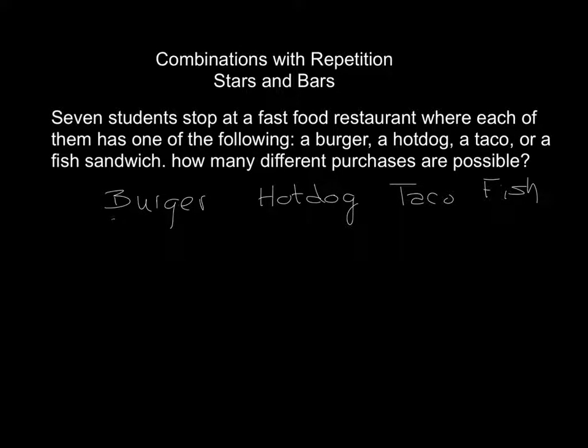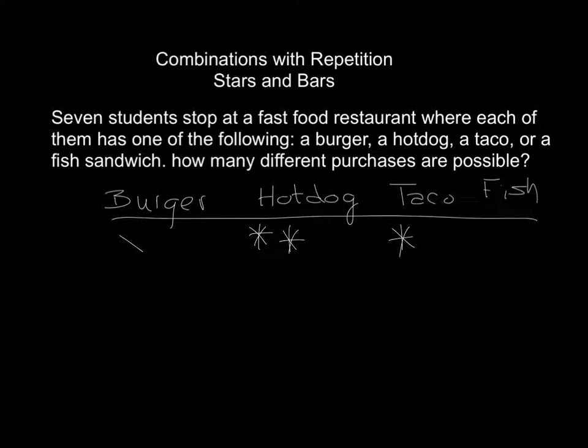So you take these orders on a pad of paper where you have the items, burger, hot dog, taco, and fish sandwich written. As someone orders them, someone might say they order a hot dog, you're going to put an asterisk in that category. The next person might order a taco, the next person a hot dog, another person orders a burger, fish sandwich. So this is 1, 2, 3, 4, 5, 6, maybe one more order, 7.